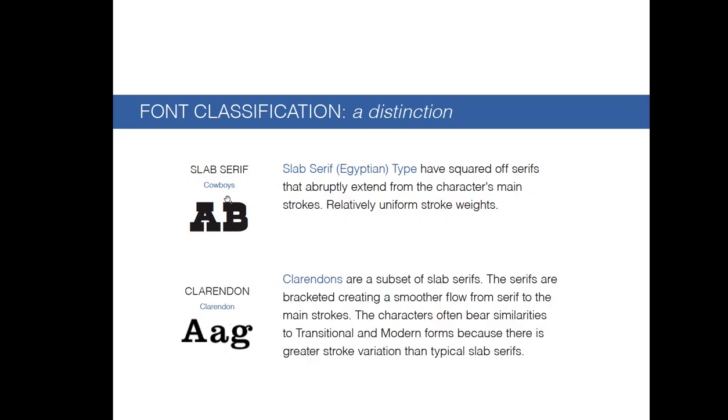I mentioned slab serifs, these nice chunky serifs right here. Relatively even, uniform weights, very thick, heavy serifs. And then a subclass of slab serifs, where you still have that chunky, nice, thick slab, but the brackets connect the main stem to the serifs.